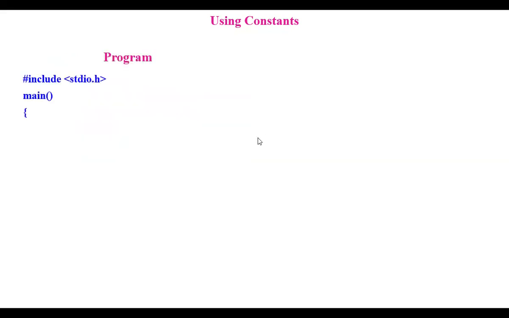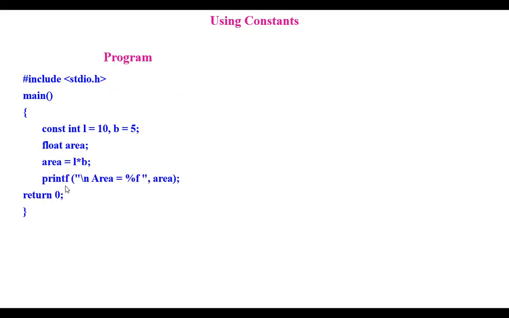With a simple program, I write a program and we'll see how it is used. We are declaring L and B as constant integers. L is 10, B is 5. We are going to calculate the area. Area is declared as float. Area is equal to L into B. In printf, area is equal to, and we have to get this value, area.